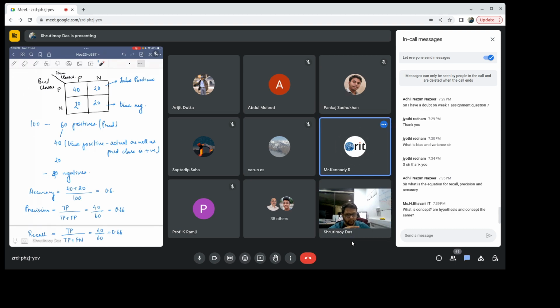It means how much do you recall? So suppose in an exam, how much of the answer or some concept are you able to recall similar to that? False negative, this one.